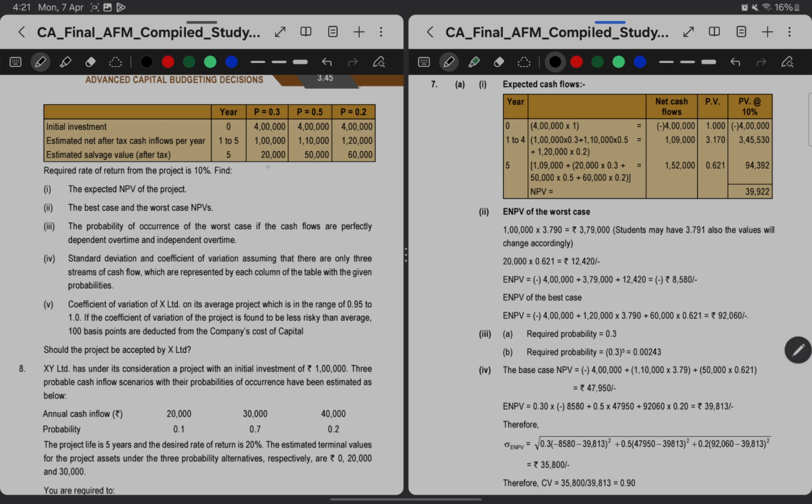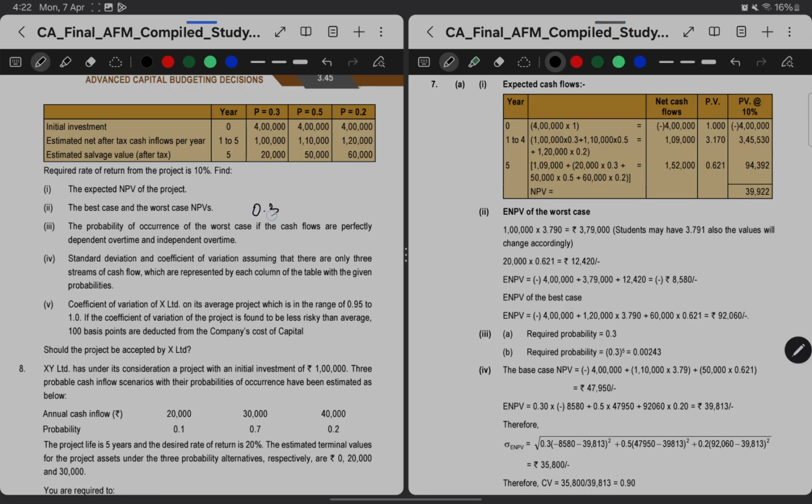So in the three cases given, the 30% probability case has the least cash inflows, so that will be the worst case. And the probability of occurrence of the worst case is 0.3.